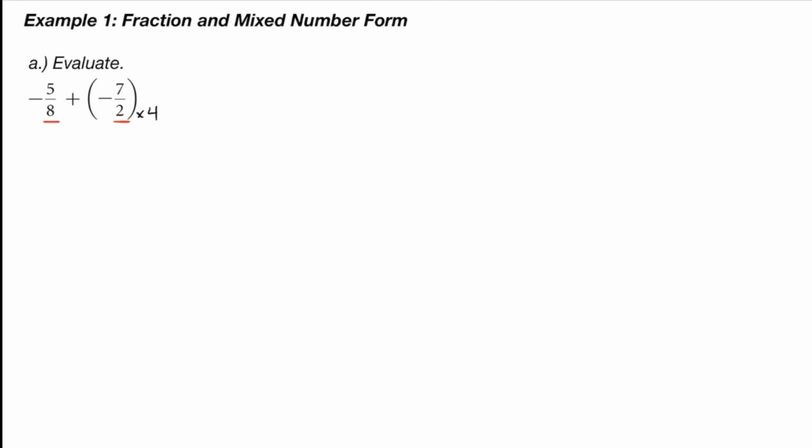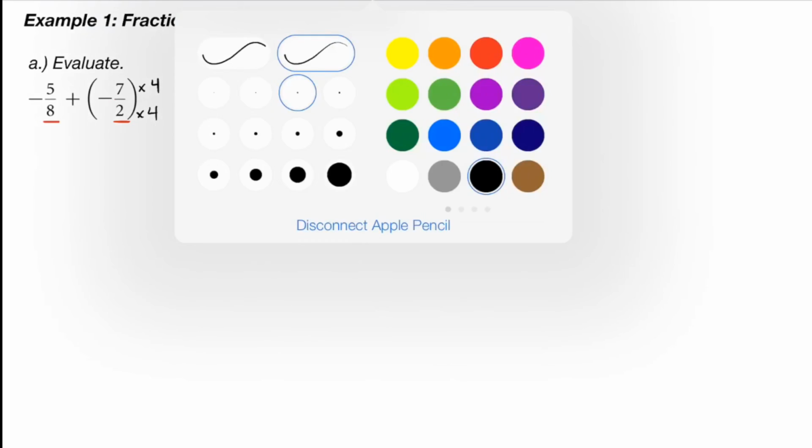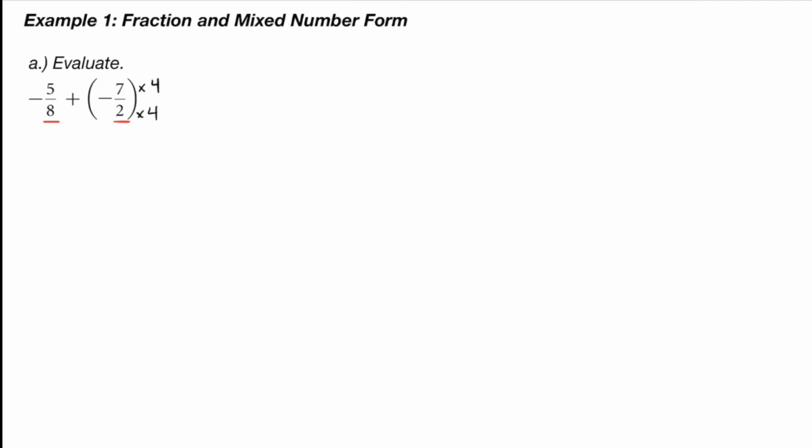But the thing is, whatever you do to the bottom part of the fraction, you also need to do to the top part of the fraction. You can't just multiply the denominator by 4, you have to multiply numerator and denominator by 4. Okay, so here is what I get.